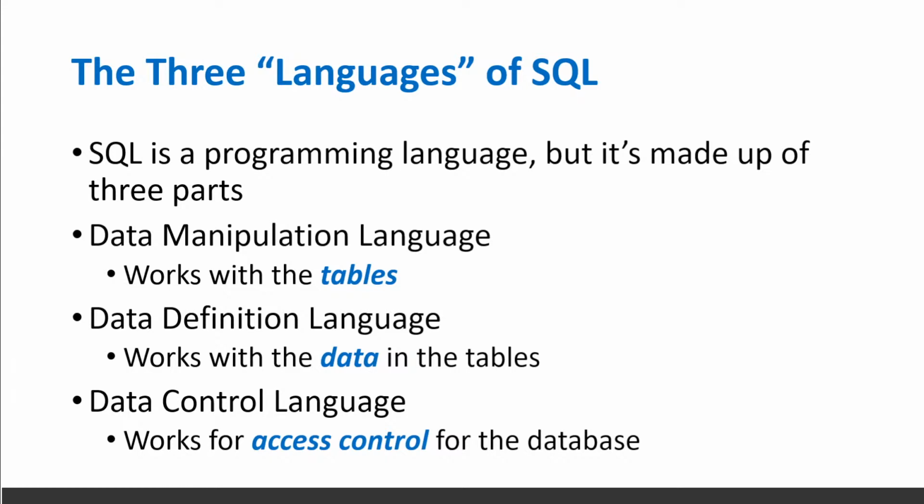This is the kind of stuff we'll be doing when we get to Module 4. Basically these are all the SQL commands that deal with the manipulation of data that's already present in the database.